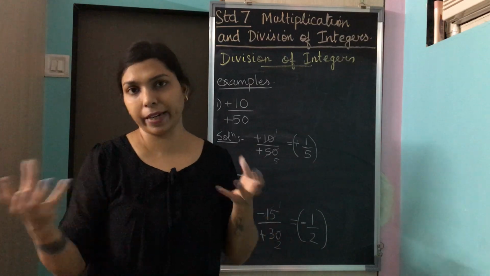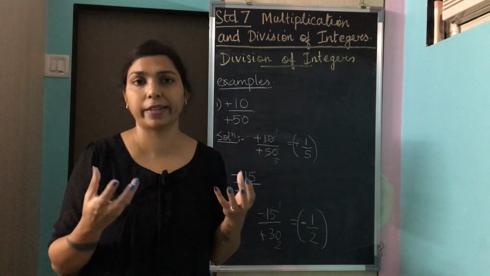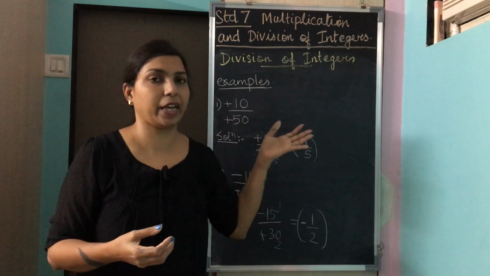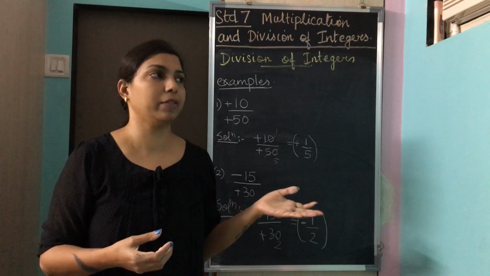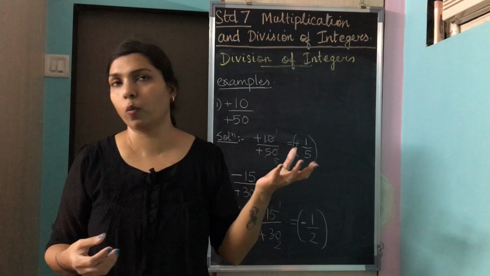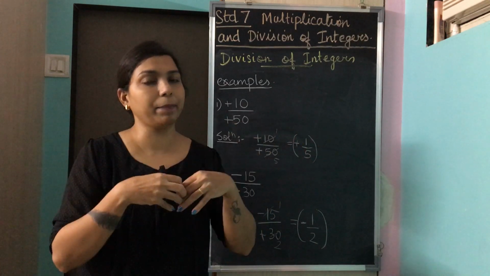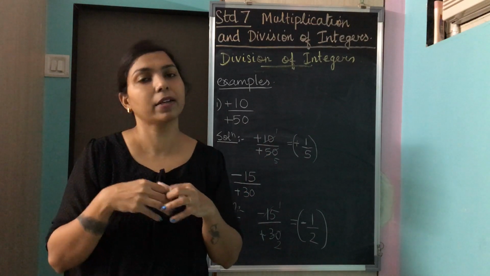You can select any two fishes from that pond, see the numbers on those two fishes, and you can do multiplication or division with those two numbers. For example, if I have taken two fishes with number 2 and number 4, then I can multiply those two numbers. 2 multiplied by 4, I will get 8.